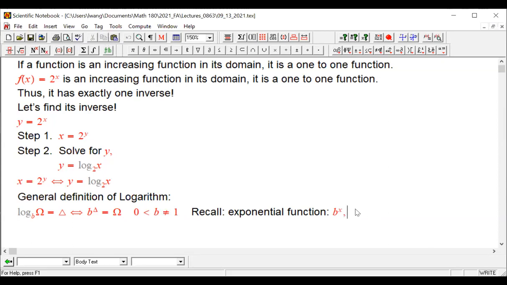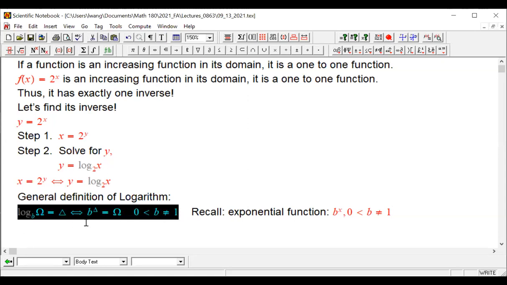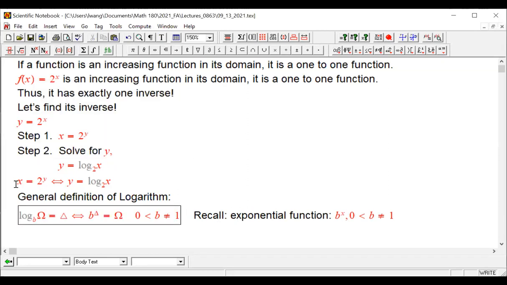And the logarithm function must also satisfy that same condition for the base. Now, this is the general definition. If you find this a little bit overwhelming, no problem. I'm going to help you understand this using an example. So let's get started.